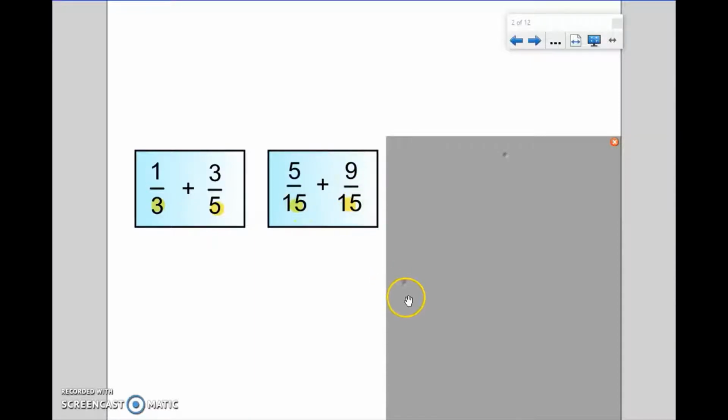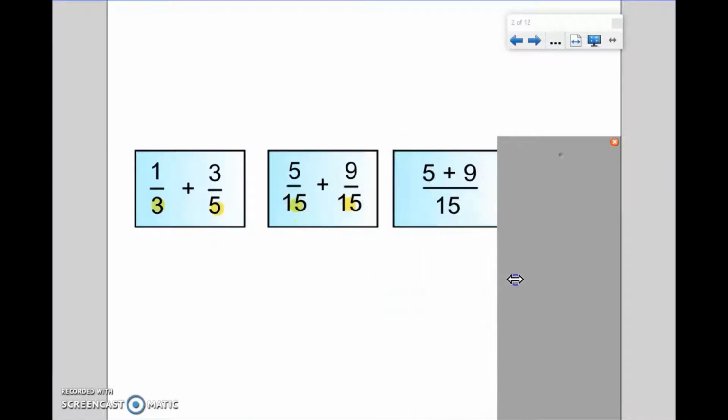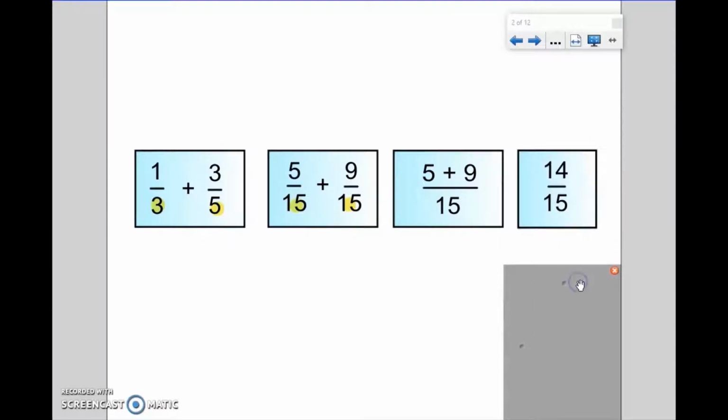Now I've got my common denominator. I can go ahead and add my numerators. 5 add 9, giving me 14 out of 15. Again, can't be simplified. If I'd used the common denominator of 30, my answer here would have ended up as 28/30, which would have simplified down to the exact same answer, 14/15.